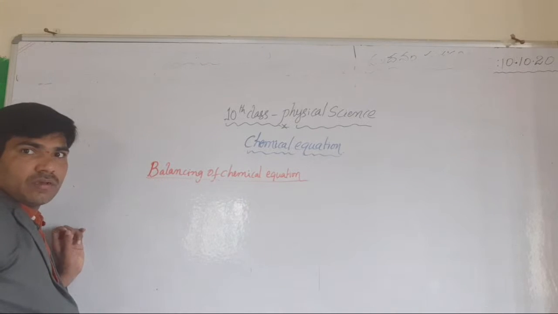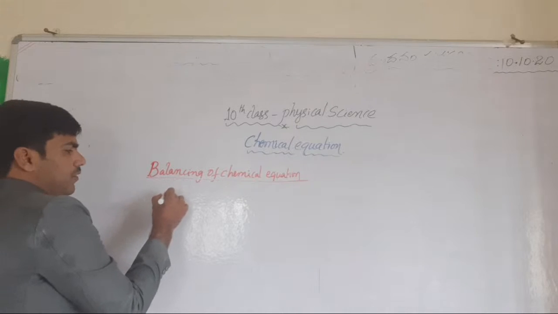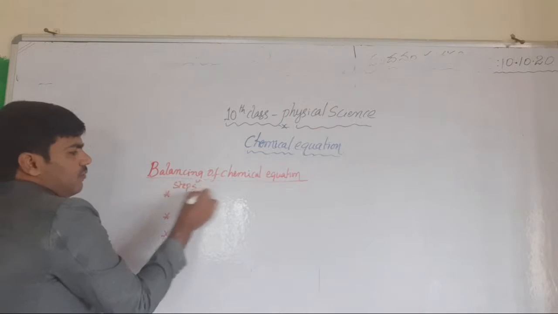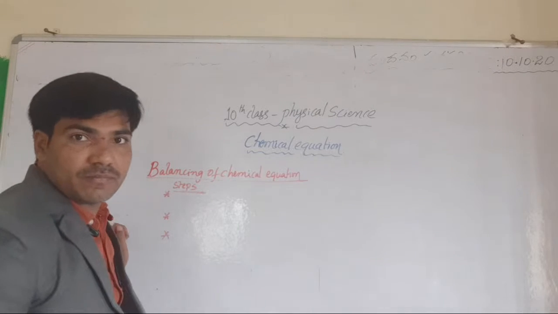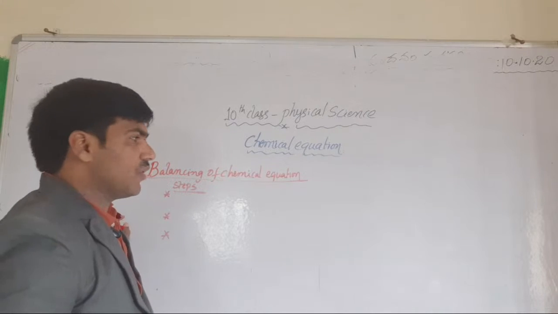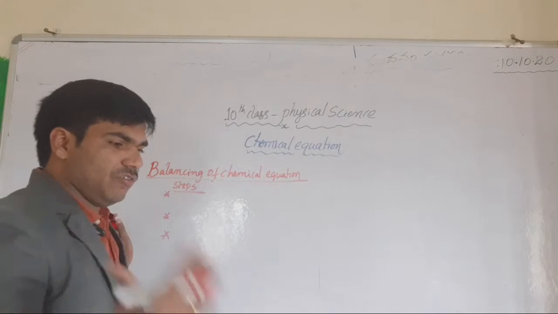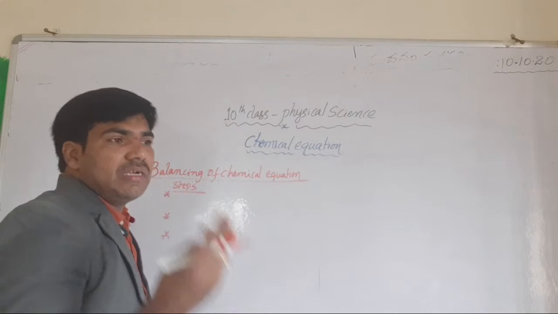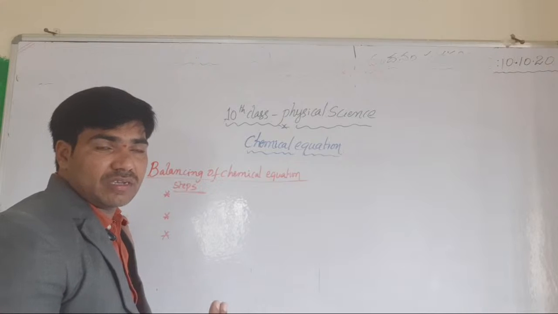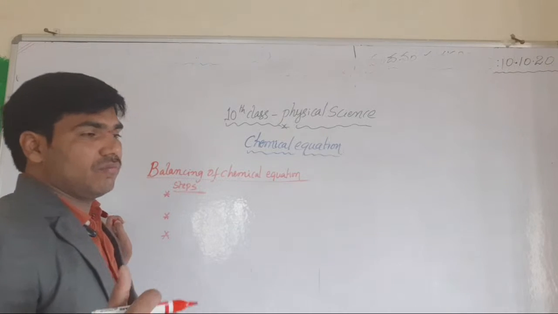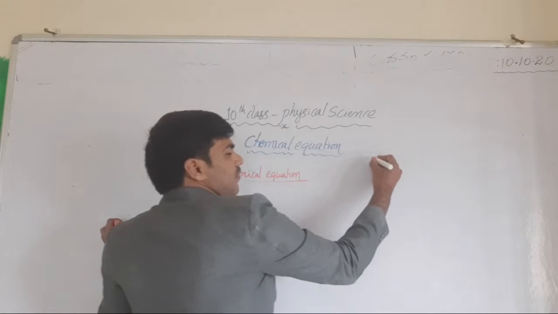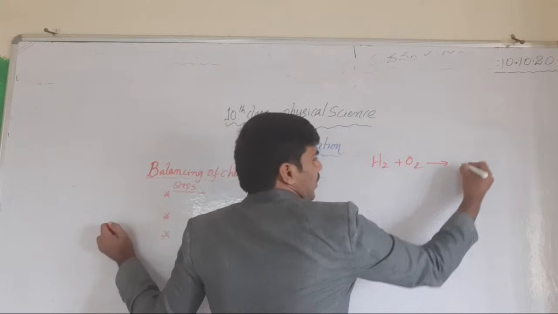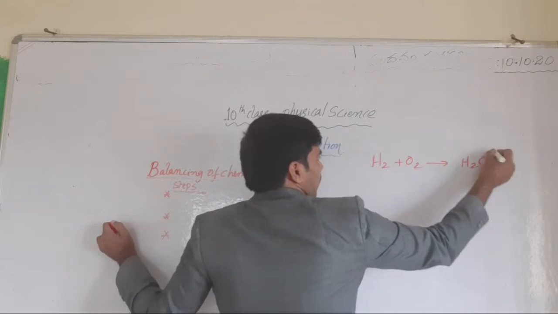For the balancing purpose, we compulsorily take some steps. Before balancing a chemical equation, whatever equation is in an unbalanced position is called a skeleton equation. For example, H2 plus O2 gives H2O.